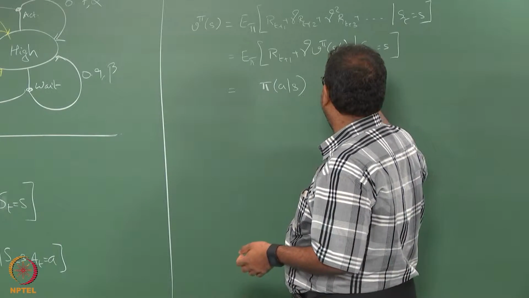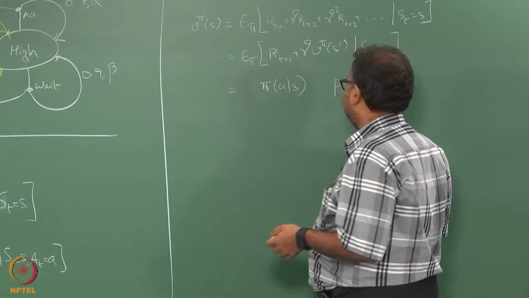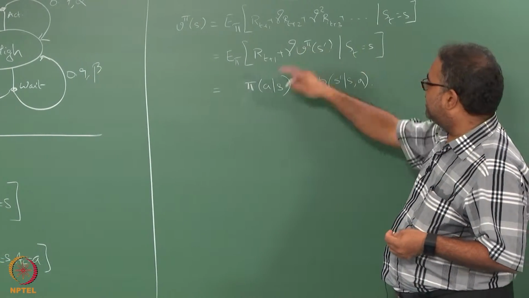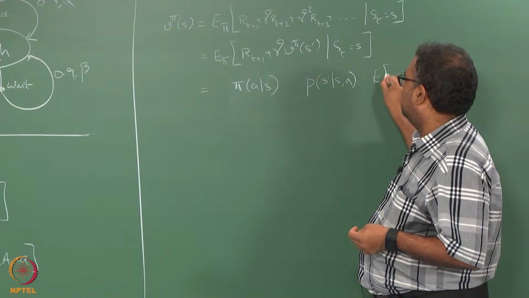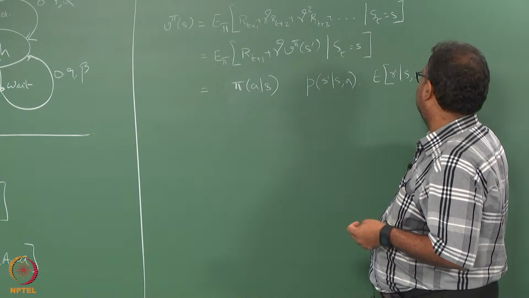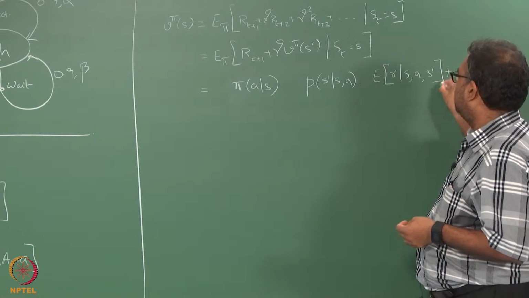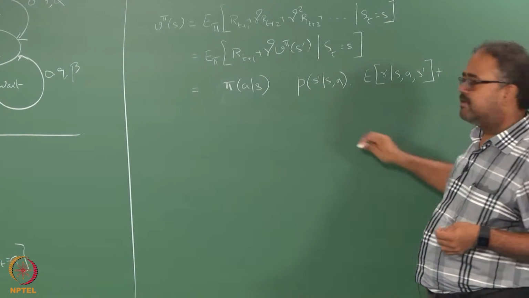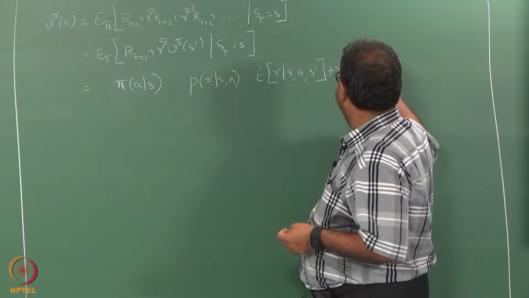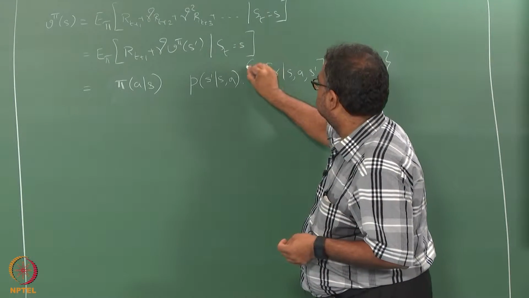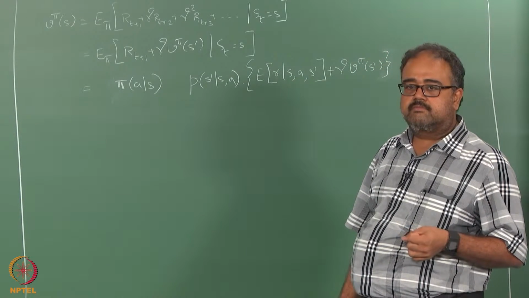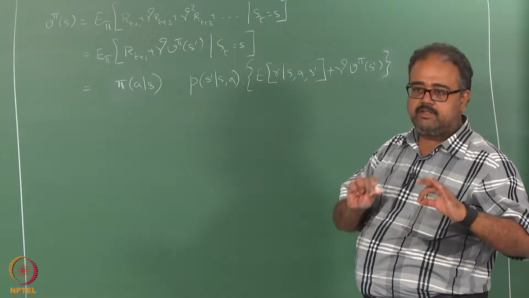So I have taken action A, then I determine what S prime is, and I already determined what S prime is, so I can do this. Right, so this is one step I am taking.